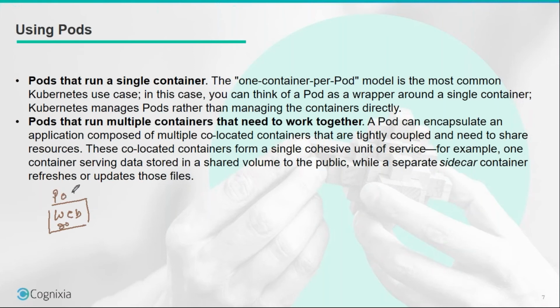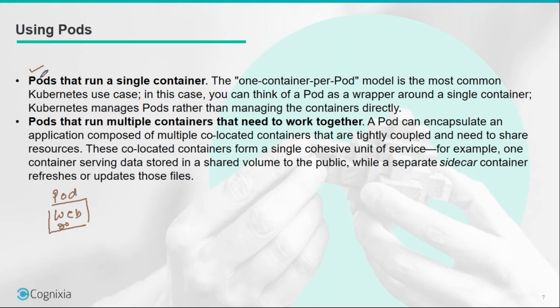Now this is a pod. So this is an example of a pod that runs a single container. The one container per pod model is the common Kubernetes use case. In this case, you can think of a pod as a wrapper around a single container. Kubernetes manages pods rather than managing the containers directly.